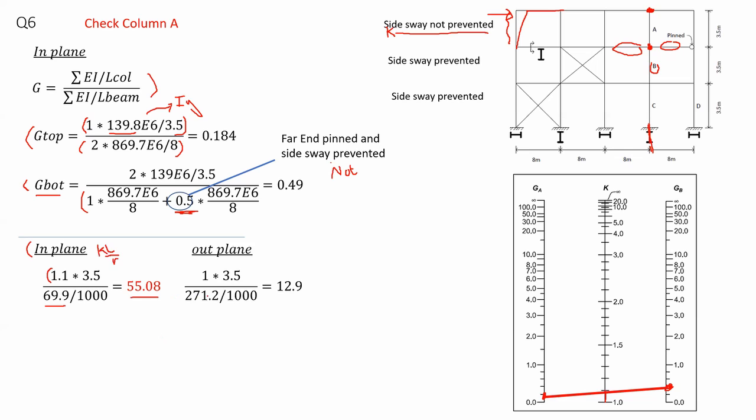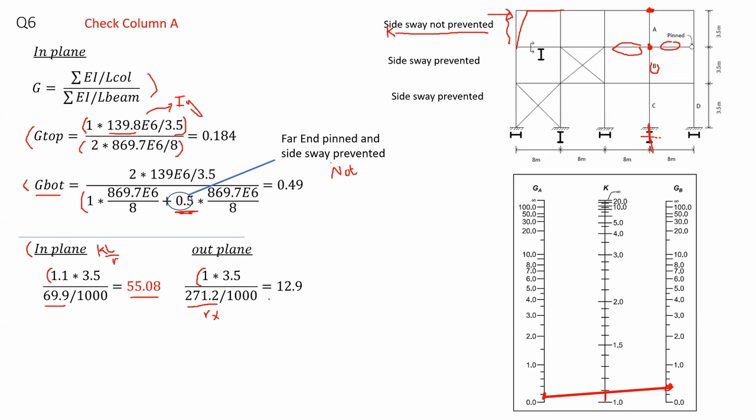Now I check for the out-of-plane as well. For the out-of-plane, it is given in the problem that the K value is equal to 1. Again, I multiply by 3.5 and I divide by 271. This 271 value is actually rx, because in the out-of-plane, the column would be buckling about the x-axis.